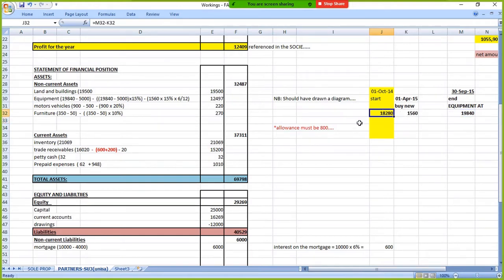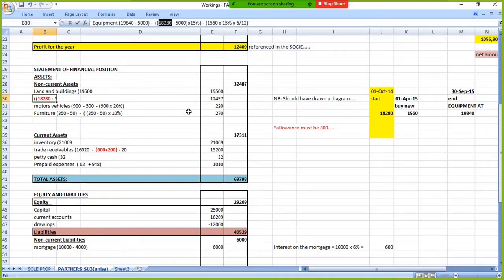So in actual fact, you only would have used 18280 for this line item here, this one. Because here's the 1560. Do you see that? So this needs to change to 18280. Enter. I'm going to put that in red or underline it.